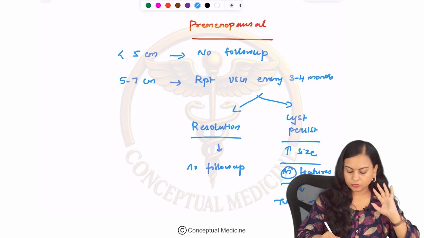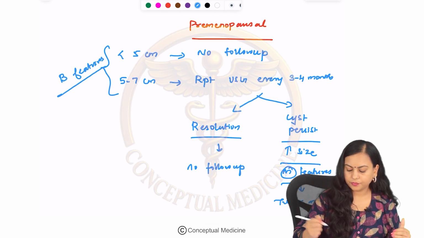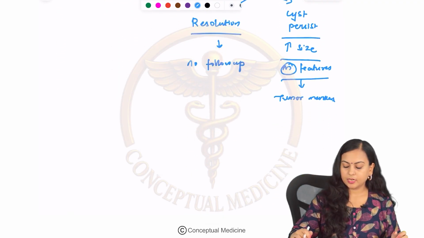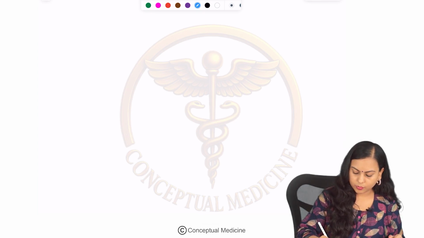Okay, so this is when you see only a simple cyst with B features. This is how you will proceed. Clear?